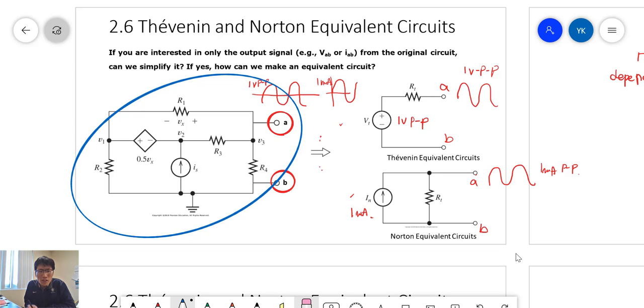So this is kind of a signal source, current source or voltage source. That's why we want to make an equivalent circuit. This circuit can be replaced by one of them, the Thevenin equivalent circuit or by the Norton equivalent circuit. Okay.